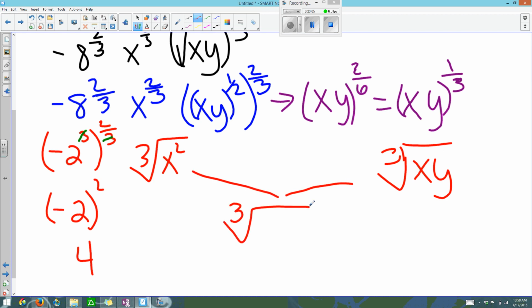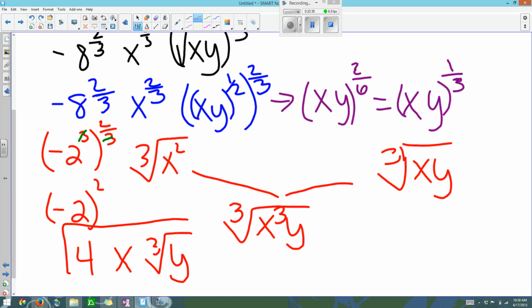So I'll get the cube root of x cubed and y. Now notice I have x cubed and I'm taking the cube root of it. Therefore, I can have what on the outside? I can have x. And I have what kind of power of y here? I just have 1, so I'll leave it as the cube root of y. And this will be your answer.